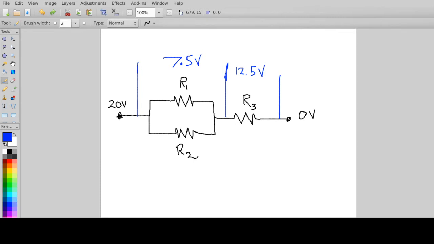And so that's 0.1. And what was the reduced resistance R12? Well, we found that the reduced resistance between 1 and 2 was 75 ohms. And so if I take that 75 ohms and put it there, and I multiply 0.1 times 75, I get 7.5 volts.